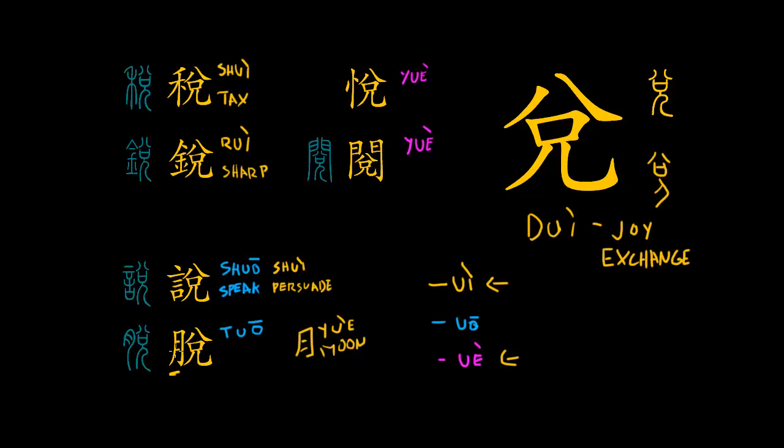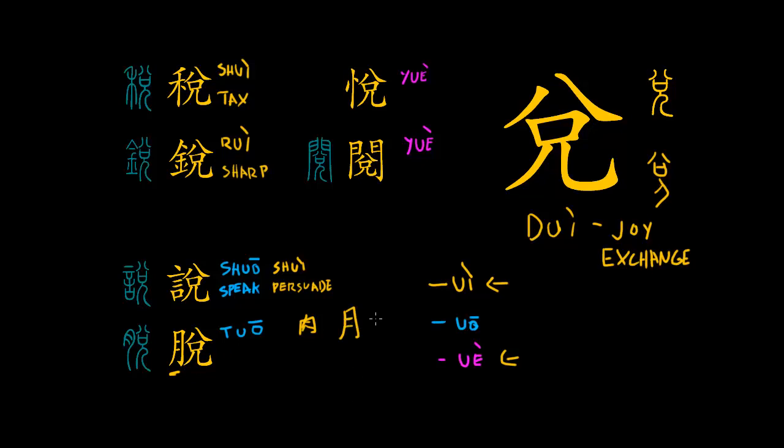When you have an element over here which is written just like the moon, it is actually ro, which is meat. So ro, if it's a standalone character, you write it like this. And when it's part of characters on the left side as a semantic element, you write it like this.